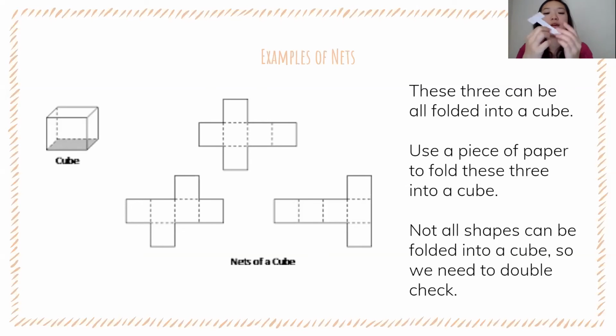I'm going to fold the lines to give it a little bit of a crease so it can easily turn into that cube if it is a cube. So I have my folds, and let's see, yep, that also turned into a cube.